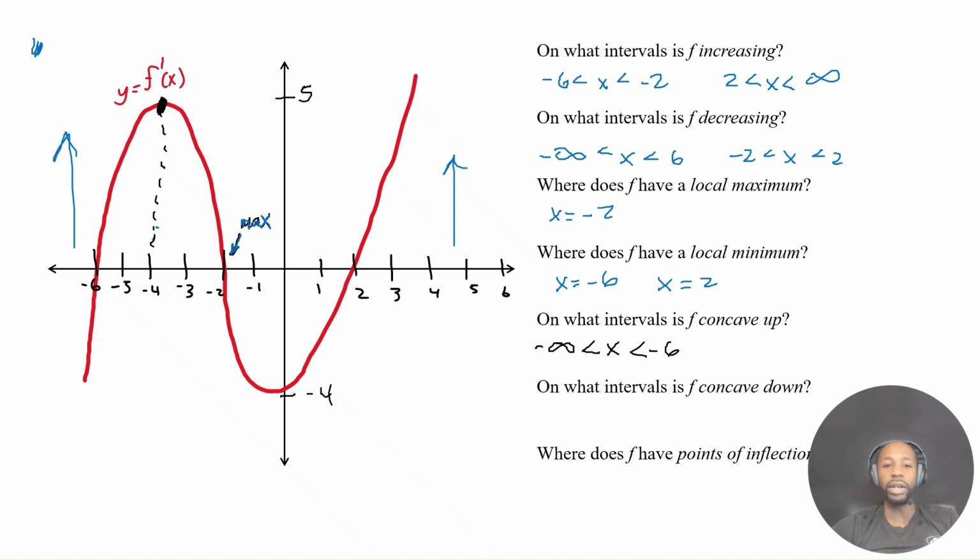And then again, if we think about it, let's go over here to 2. So again, this represents a minimum value at x equals +2.